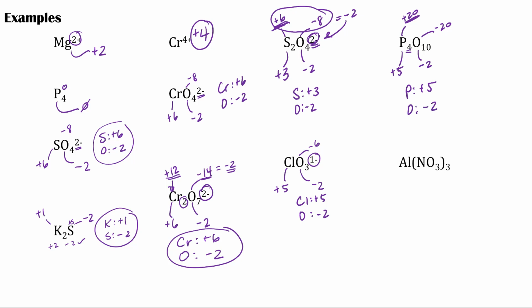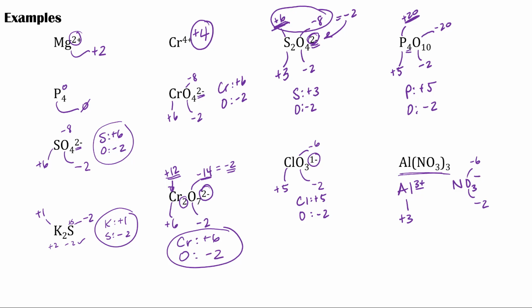And then aluminum nitrate. This is usually where students get confused, because you don't remember your charges the way you should. This is aluminum 3+ and nitrate 1-. For aluminum, I know that it's 3+ already, and I know that nitrate is -1 because I memorized them. So oxygen would be -2, and this would be -6.